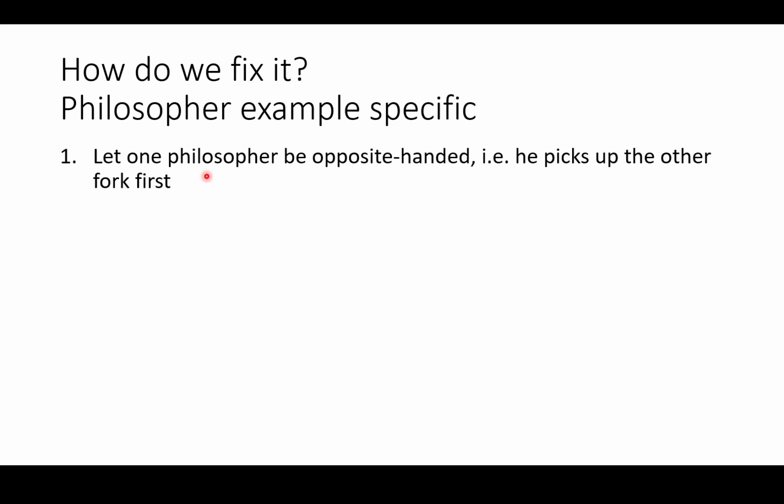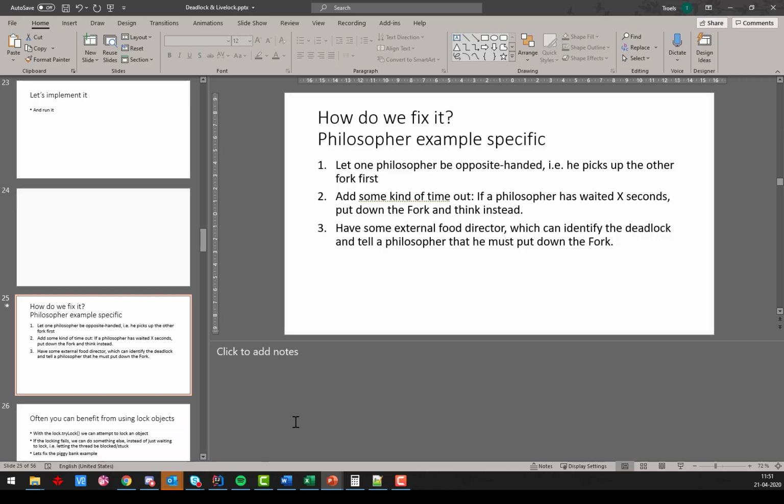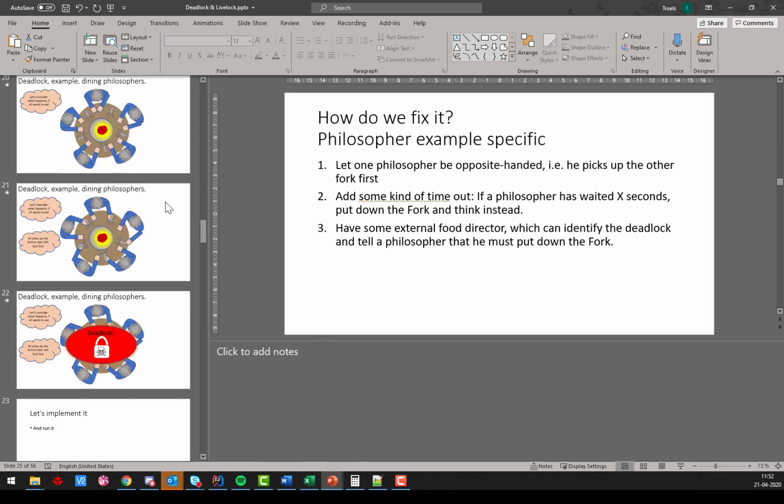The easiest one is to let one philosopher be opposite-handed, so he's going to pick up the right fork before he picks up the left one, unlike all of the others. Why would that work?